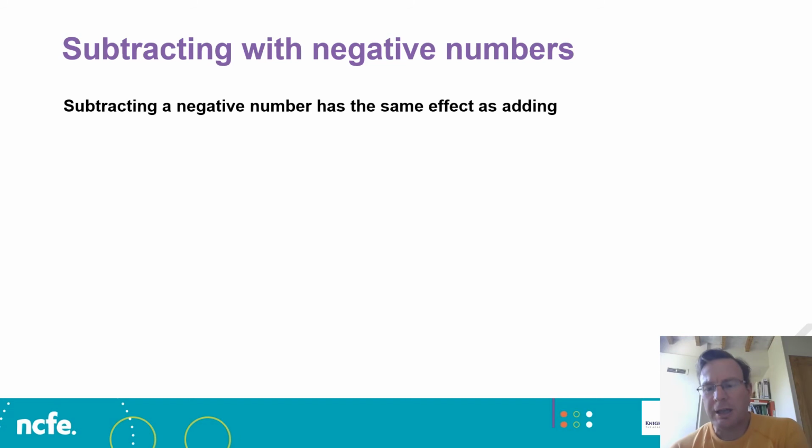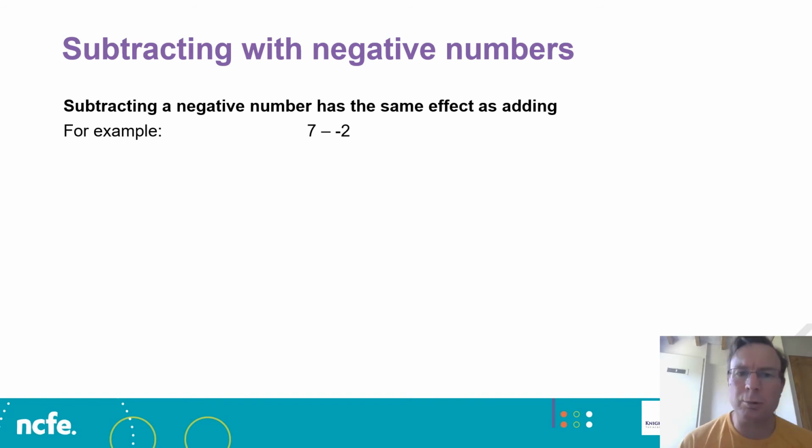If we think about that principle that we showed earlier, we can still subtract a negative number and it has the same effect of adding. Let's get straight into the questions. Here we've got an example where we've got 7 minus minus 2. Think about where you'd be on your grid. The 7 would be over on the right hand side.